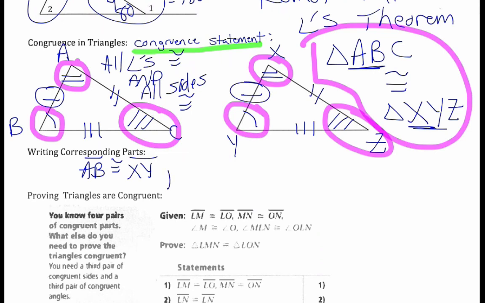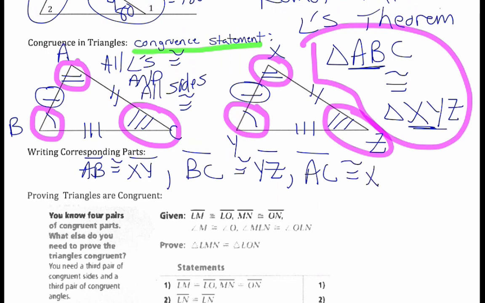And I should be able to say the next two letters BC are congruent to the next two letters YZ in the other statement. And then the first letter A and the last letter C, so AC, should be congruent to the first letter X and the last letter Z. So if you give me a congruency statement, I don't even need to look at the picture. I can look at your statement and I know which pieces of those figures match up.